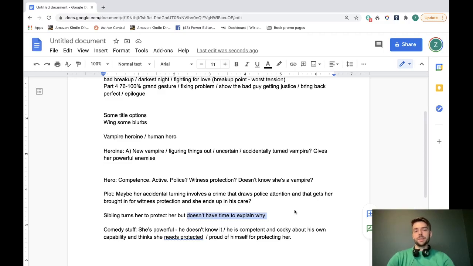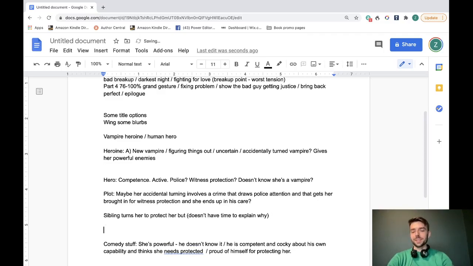Maybe it'll be easier if I think of what it was that she was trying to explain and couldn't. So, what reason would there be that her sister would need to protect her from other vampires? And then also, would she have known that her sister was a vampire? Okay, let's do this. I'm sidetracking a little.